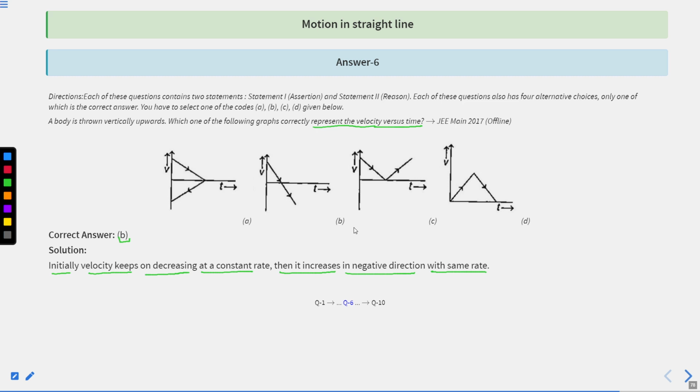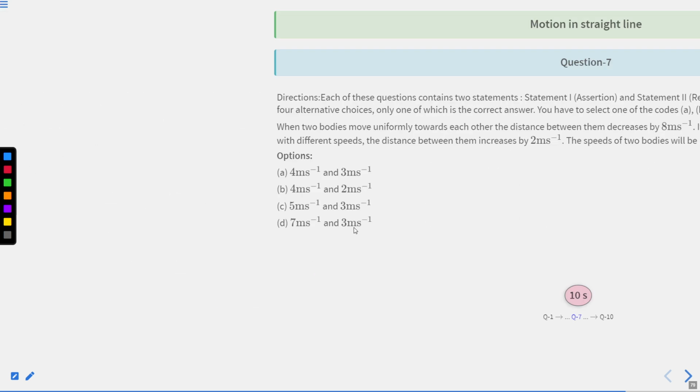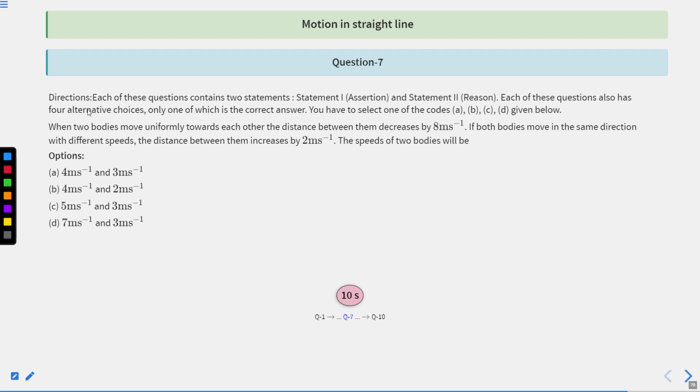Next question. When two bodies move uniformly towards each other, the distance between them decreases by 8 meters per second.